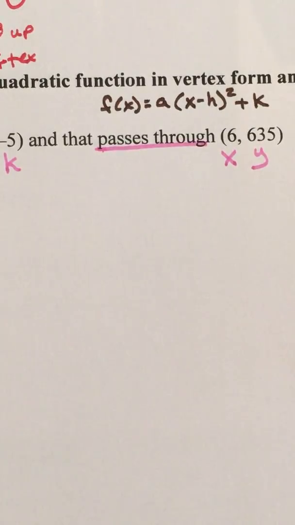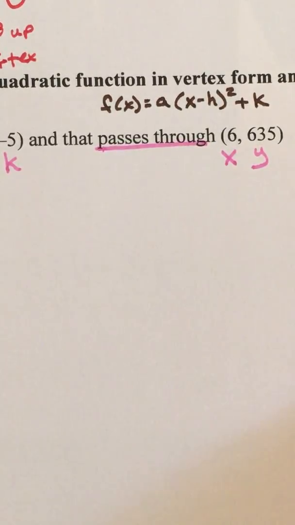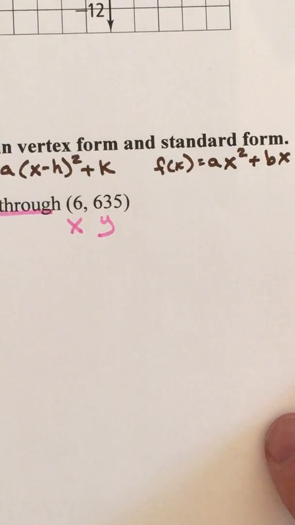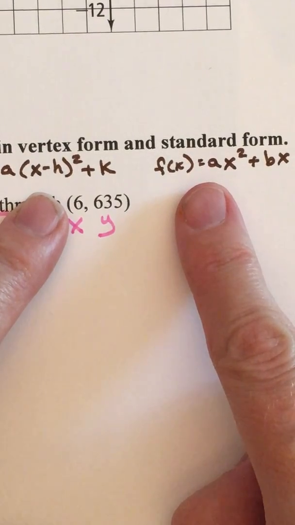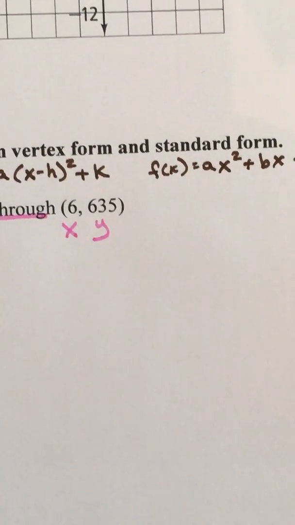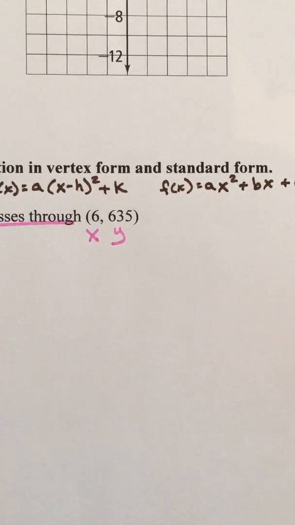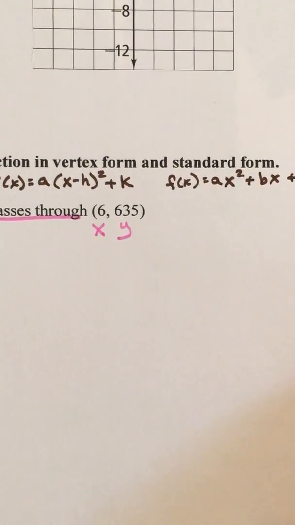So now that I've labeled it, let's go back and look at our two functions so that we can figure out where to start. Vertex form, standard form. Which one of those two forms has an h, a k, an x, and a y?